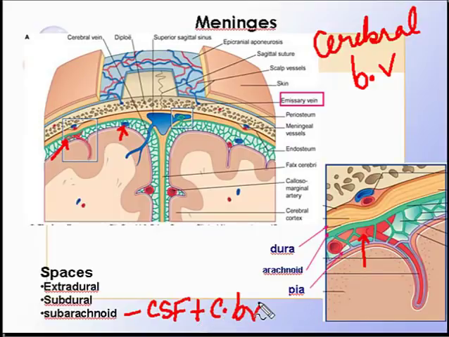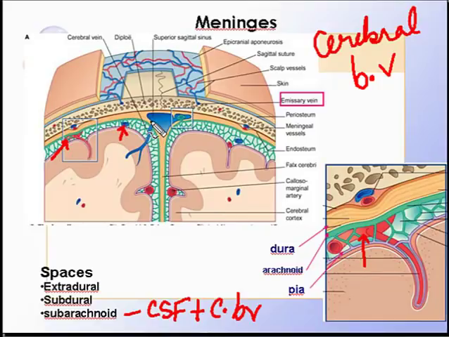Now the arteries obviously go to supply the brain tissue. The veins which are present over here drain into those venous sinuses which are present in the dura mater. But in order to go to the venous sinus, as you can see from this image, they lie in the subarachnoid space, they pierce the arachnoid mater, and they pass through the subdural space.